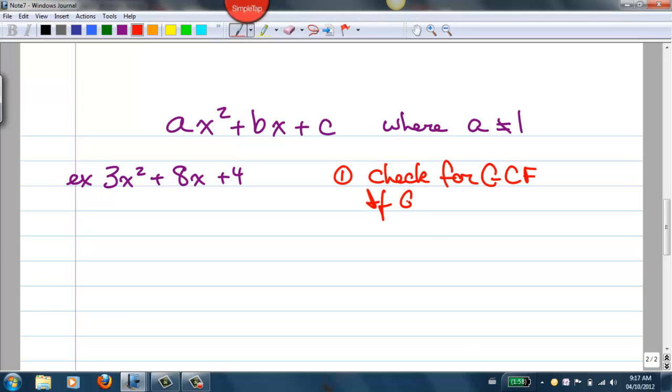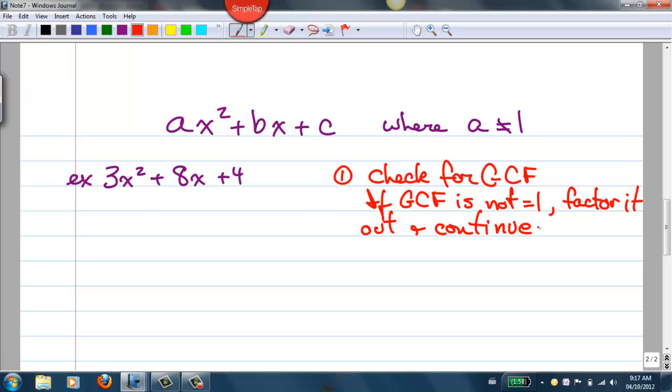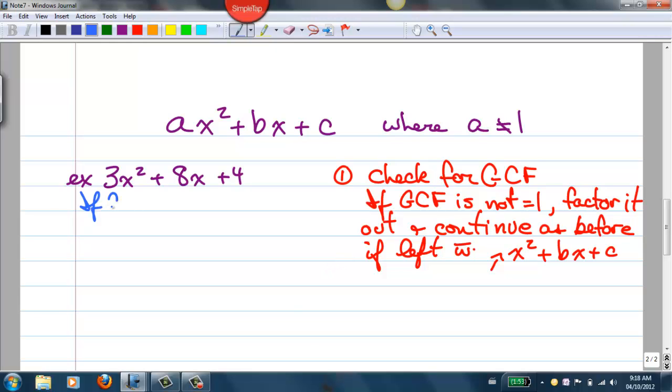So if there is no greatest common factor, we look for two numbers that have a product of whatever the first times the last is. So if the number in front of the x squared is not 1, in this case it's 3, and it's not a greatest common factor, what we do is we look for two numbers that multiply to give whatever the first times the last is, whatever a times c is.